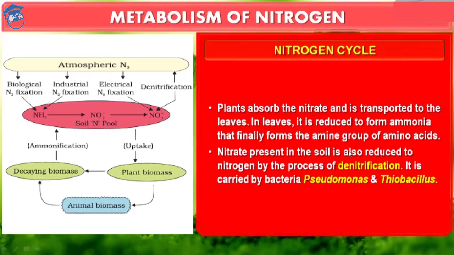As I told you, denitrification is carried out by the bacteria Pseudomonas and Thiobacillus. It converts nitrogen present in the decayed animal or plant body into ammonia so that it can re-enter the nitrogen cycle and can be utilized.